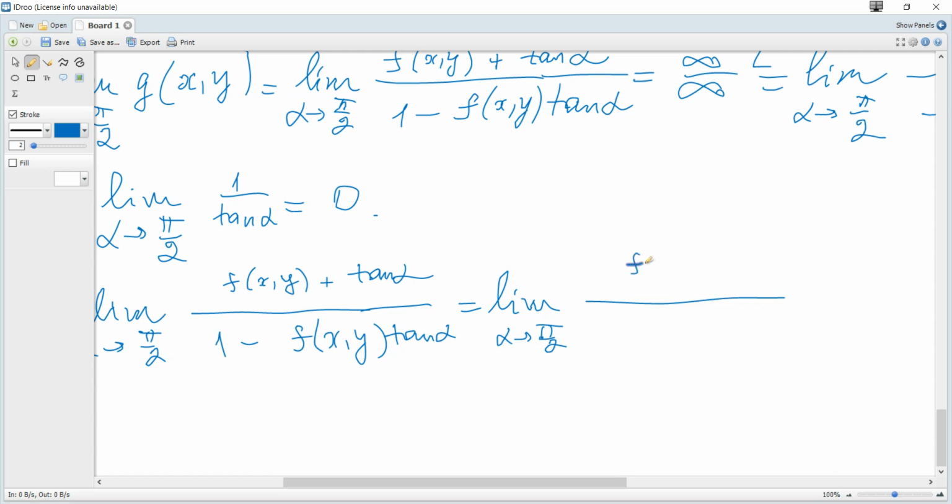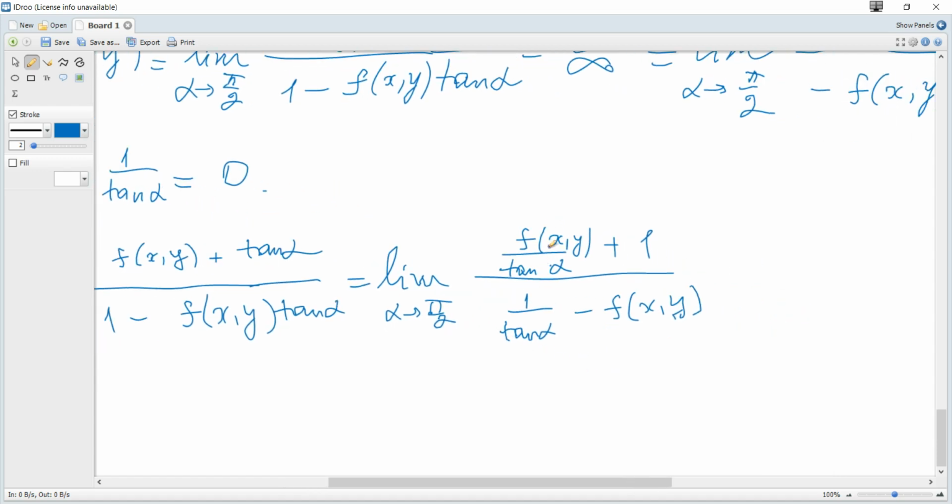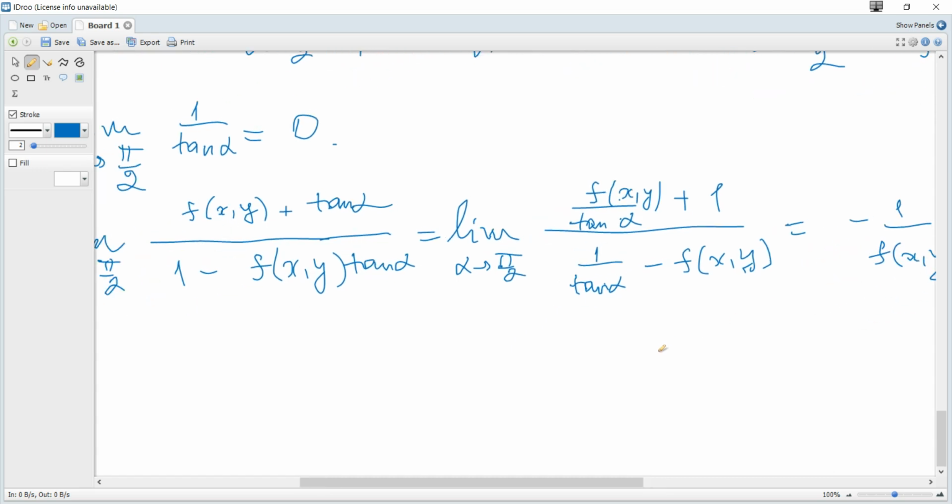It becomes f over tangent plus 1 over 1 over tangent minus f, and since 1 over tangent its limit is 0, it becomes just negative 1 over f as required.